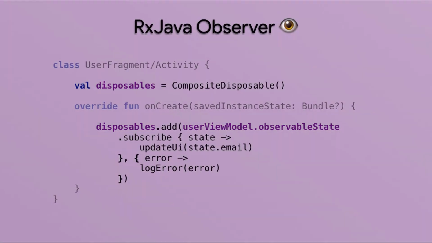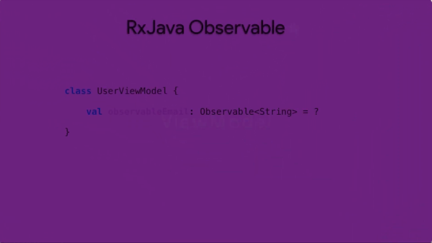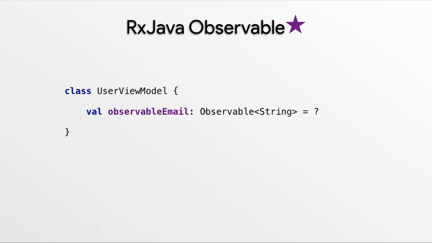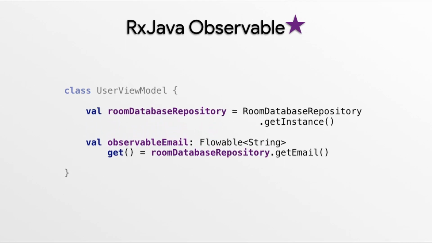So now that we know how to observe, how do we do the actual observer and management of data to send the data to the observer? So inside the ViewModel, let's say you have an observable email that you're observing directly. You can use the Room database library again. It really is useful.